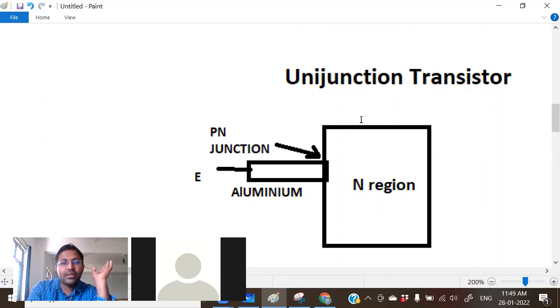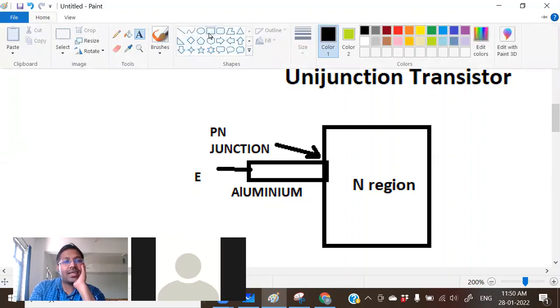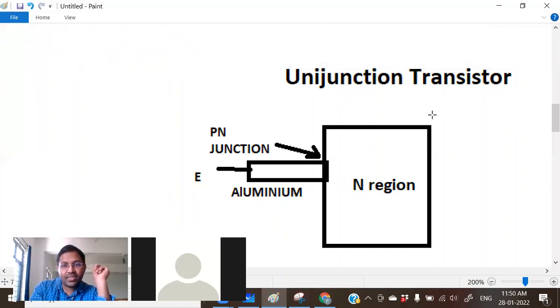But that particular base is actually two terminals. In fact, the device has a total of three terminals. The first terminal is this emitter, and the remaining two terminals are both base terminals.